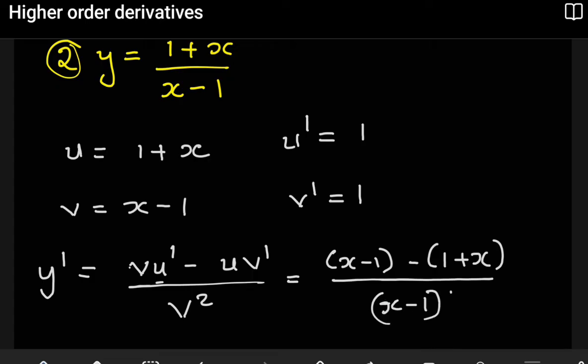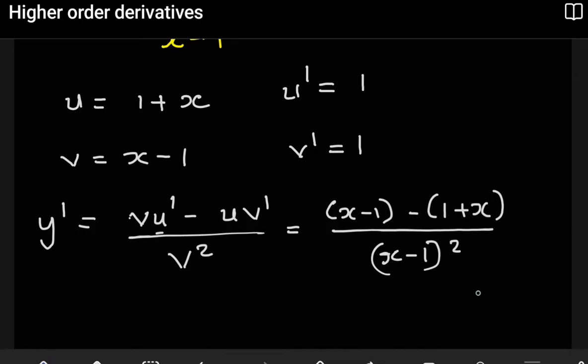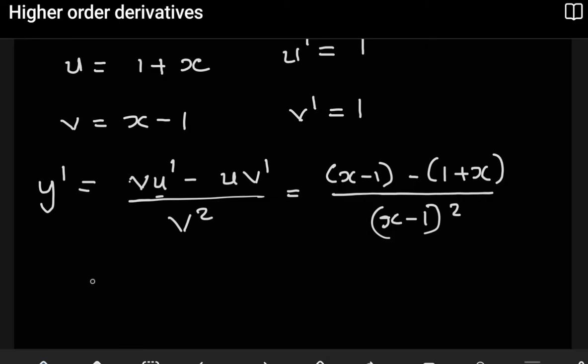When you're dealing with these expressions, don't oversimplify. Sometimes when you simplify too much, it might be very hard for you to see. So I will not simplify this. I'll leave it like that. But I will simplify the numerator. For the numerator, look at what we end up with. When I remove the brackets, we now have x minus 1, then minus 1, then minus x.